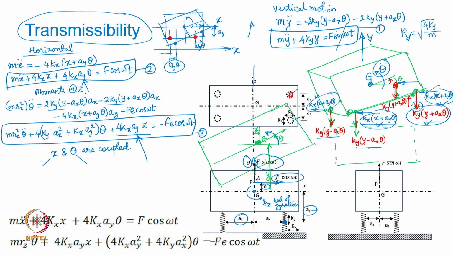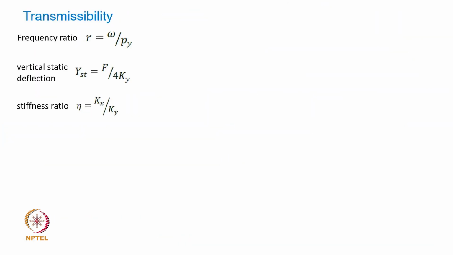Once we have these equations, we get back to business, in the sense that we define some non-dimensional parameters. Frequency ratio is defined as the ratio of the excitation frequency, mind you, f cos omega t and f sin omega t are the external forces, so they are fluctuating with forcing frequency omega, which we normalize with py, because py is the decoupled natural frequency.